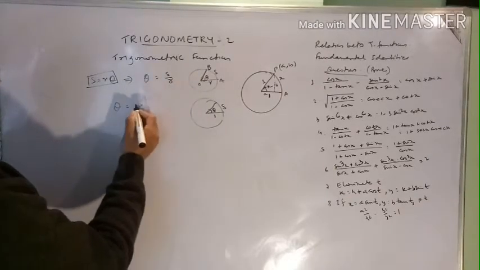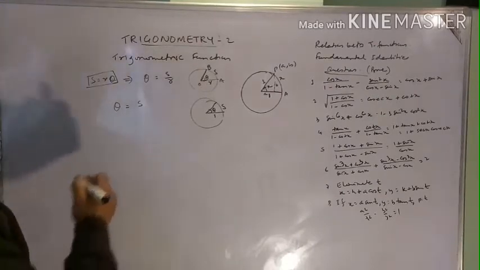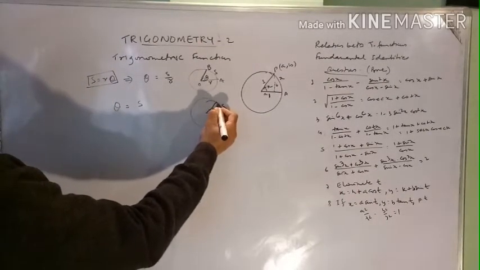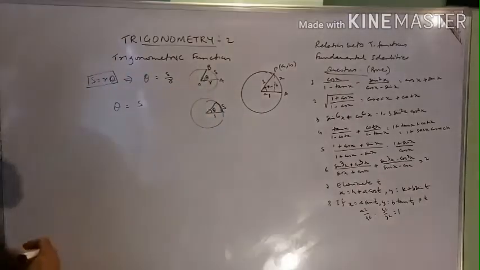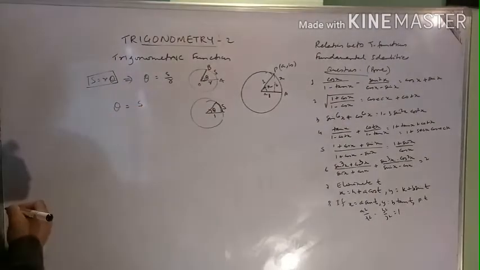Then theta will be equal to S. So S is a length, it has some magnitude. It's a real number. So that means theta can be taken as a real number.